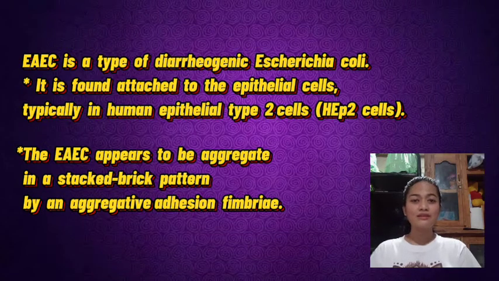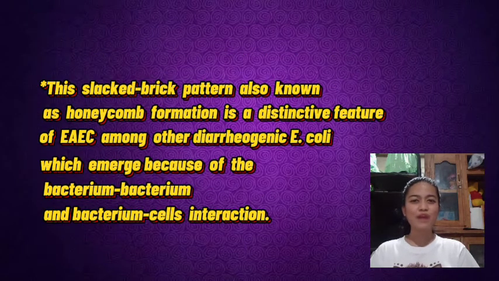The EAEC appears to aggregate in a stacked brick pattern by aggregative adhesion fimbriae. This stacked brick pattern, also known as honeycomb formation, is a distinctive feature of EAEC among other diarrheagenic E. coli, which emerges because of bacterium-to-bacterium and bacterium-to-cell interaction.